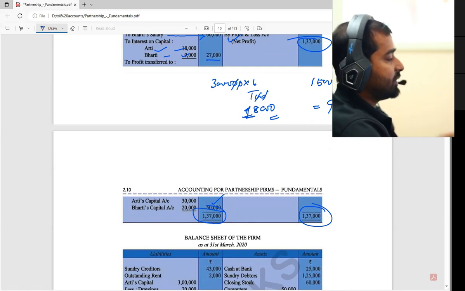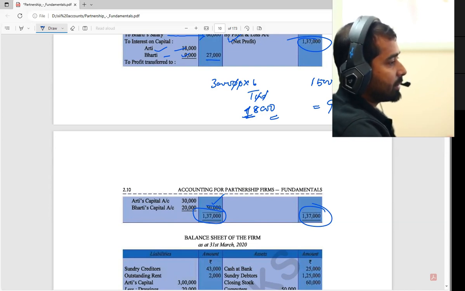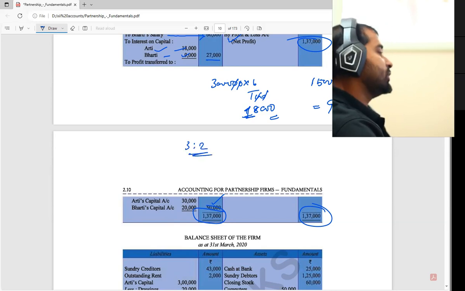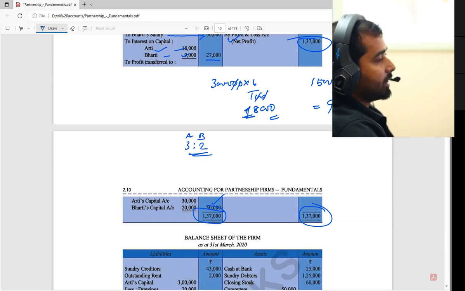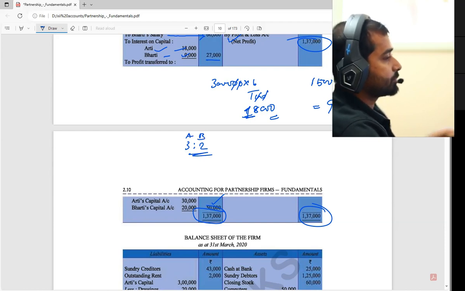Now think about it: appropriation profit will be distributed among the partners as per their ratio. The ratio was 3:2, Aarti and Bharti, correct or not? Yes, sir. So Aarti and Bharti 3:2.